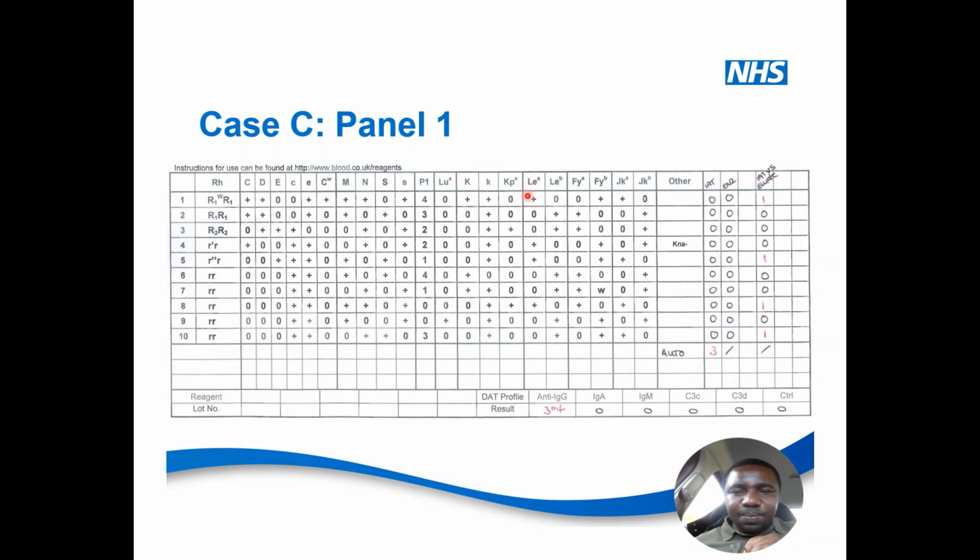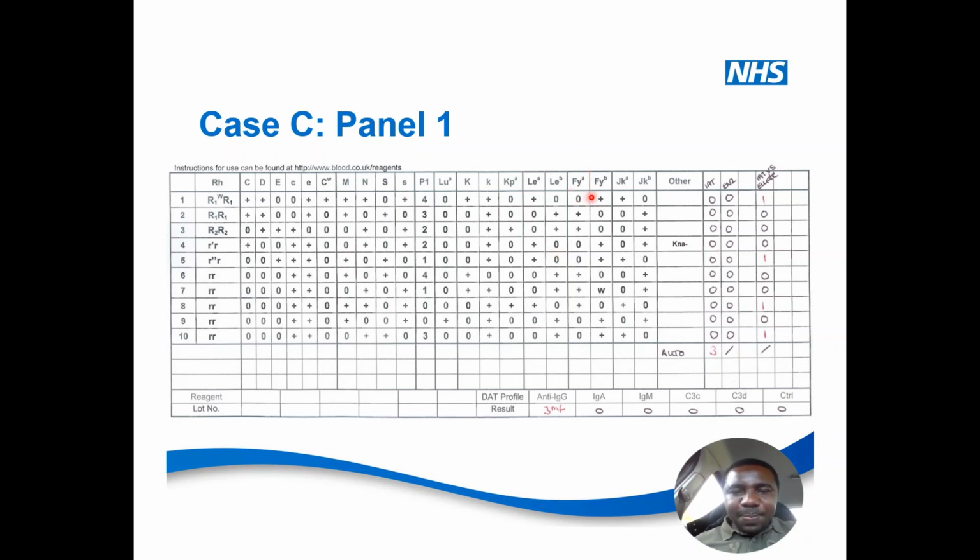KPA is positive on cell number 3 and negative here, you cancel KPA. Then LUEA is positive on cell number 4, but cell number 4 here is negative, you cancel LUEA.